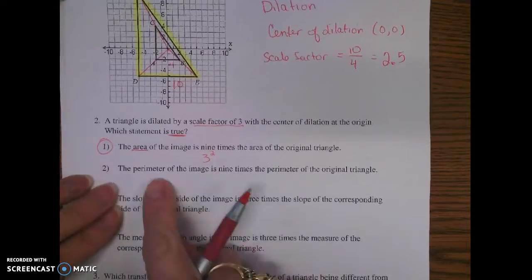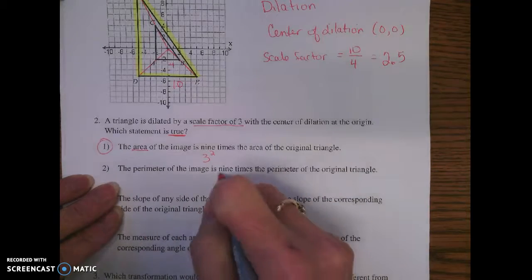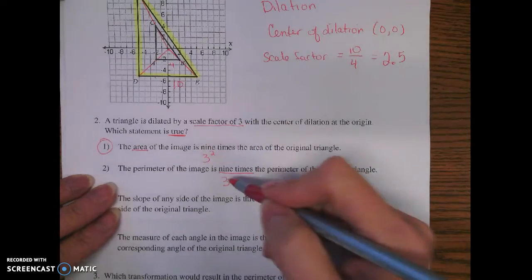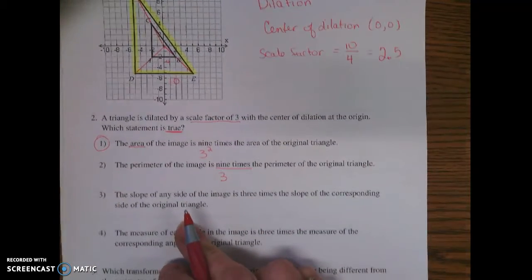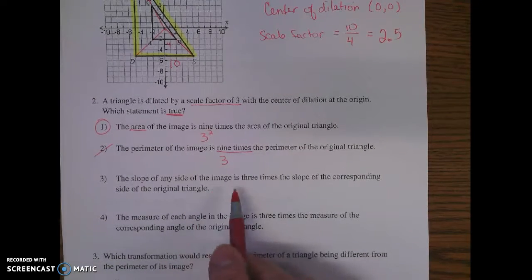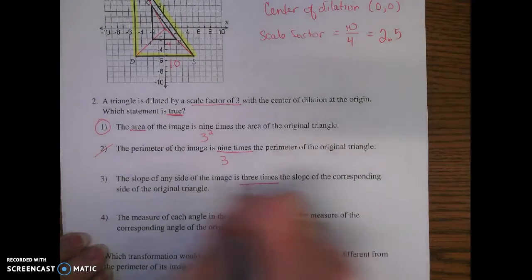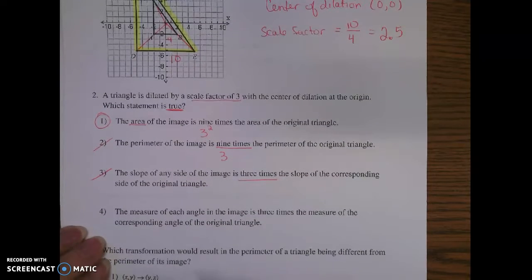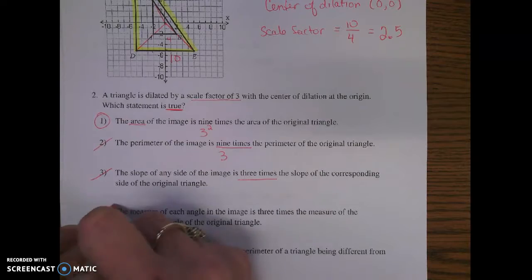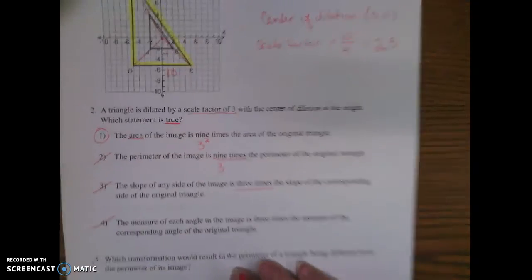The perimeter is 9 times? No, the perimeter is only going to be 3 times, the same as the scale factor. The slope of any side of the image is 3 times the slope? No, we never multiply slopes. The measure of each angle is 3 times the measure of the angle? No, you never multiply angle measures.